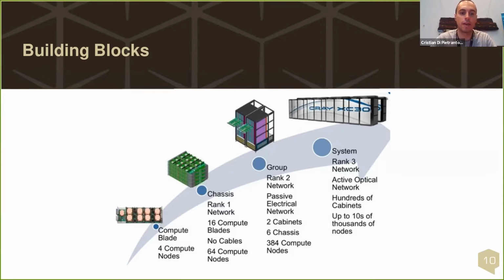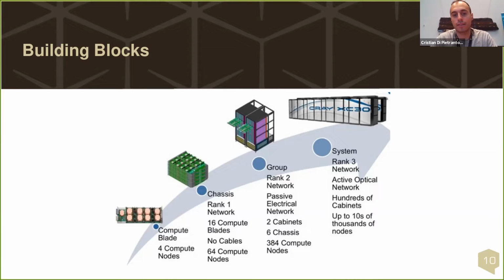Starting at the bottom, we have the compute plate, which on this system is made of 4 compute nodes, but usually several compute nodes. The design of these nodes is optimized for taking the least space possible.